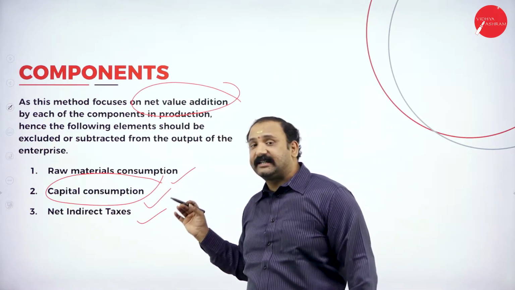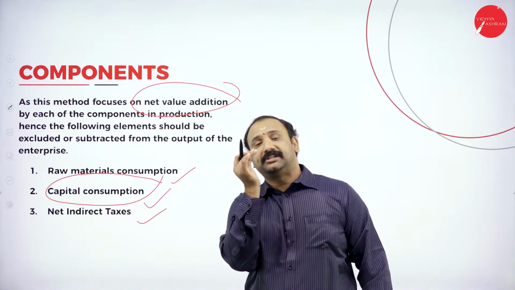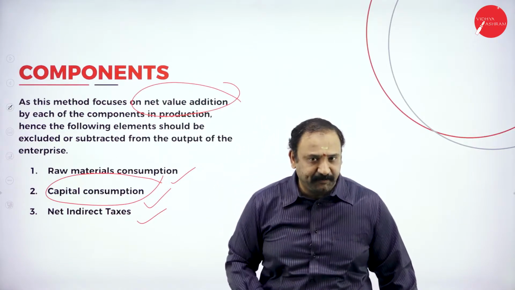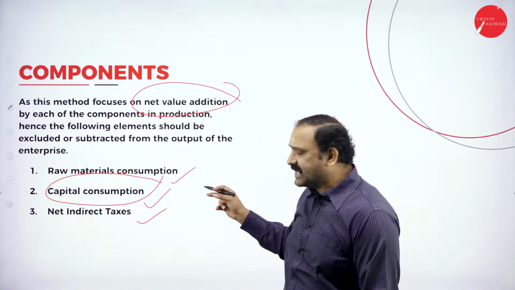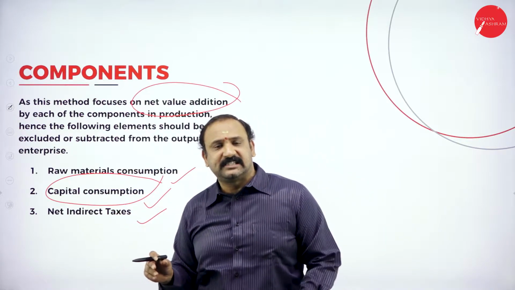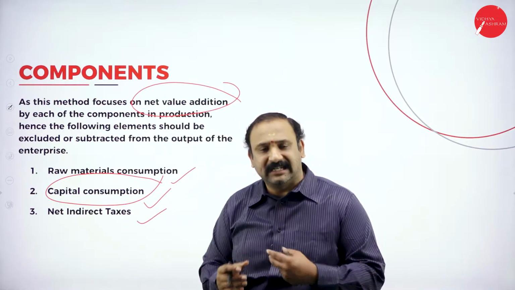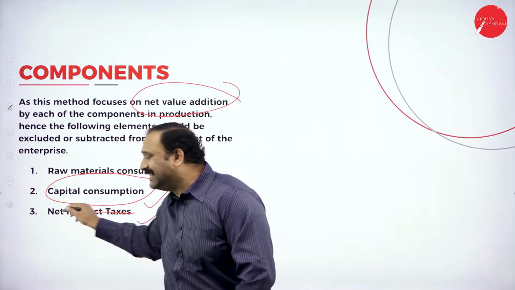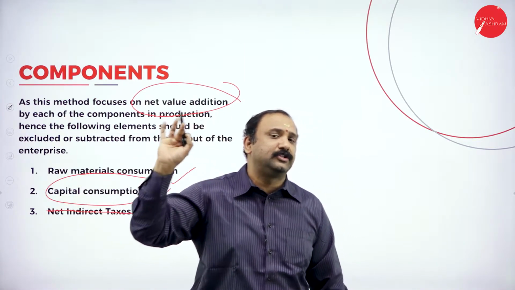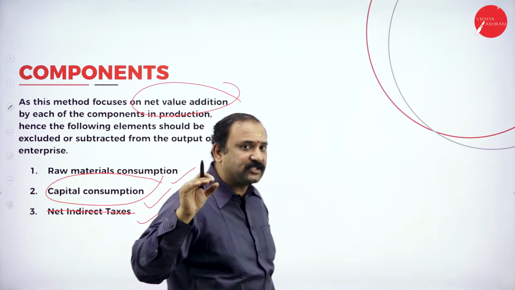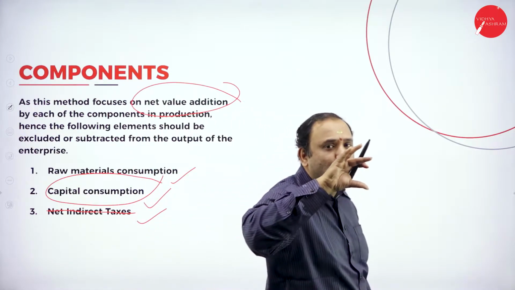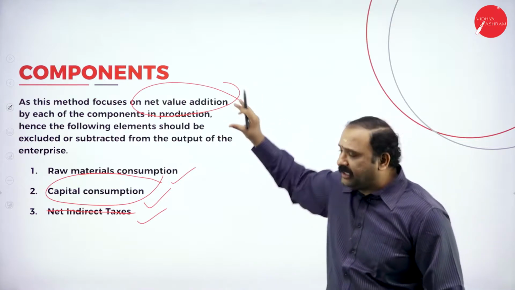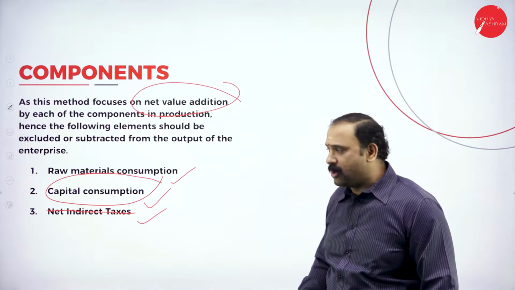The net indirect taxes are what need to be subtracted, as we have seen previously. The net indirect tax is not directly charged upon, it is going to be given off. So we are not worried about the net indirect tax also. These are the things which have to be excluded from the factors of value added components.